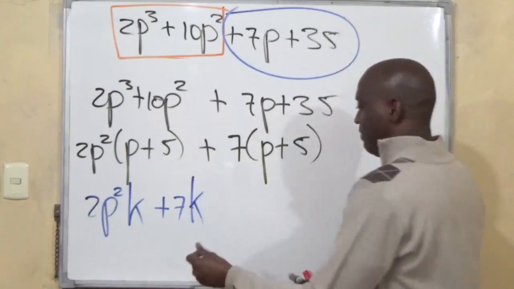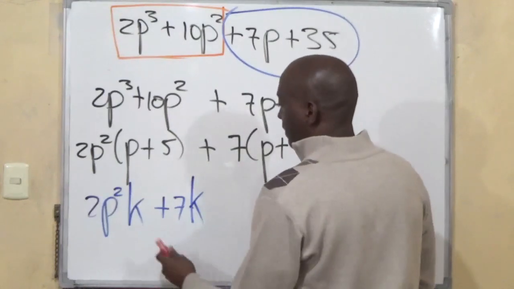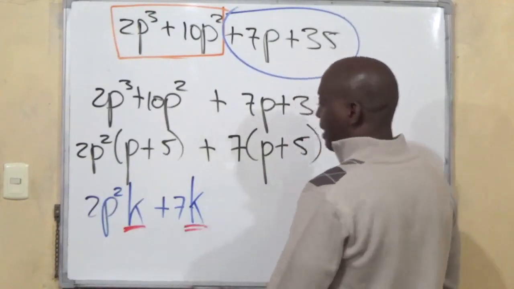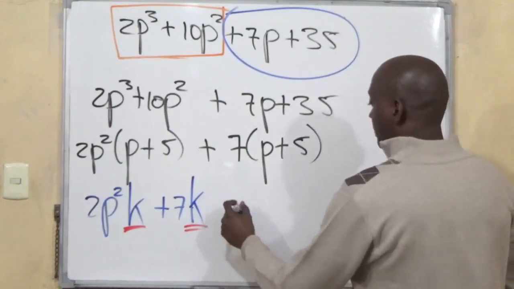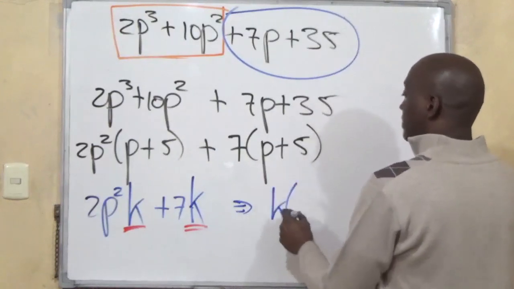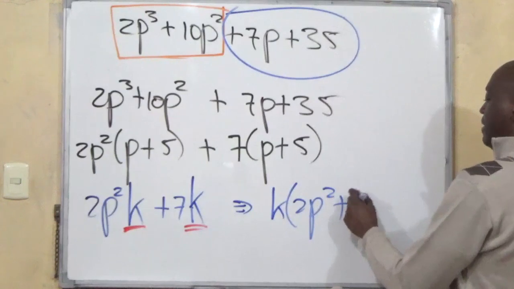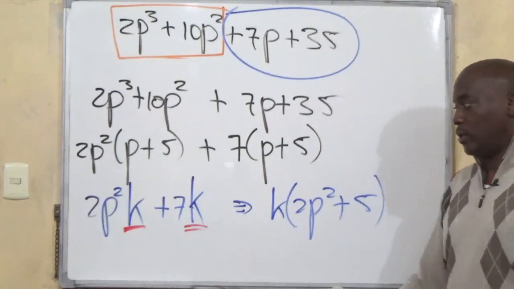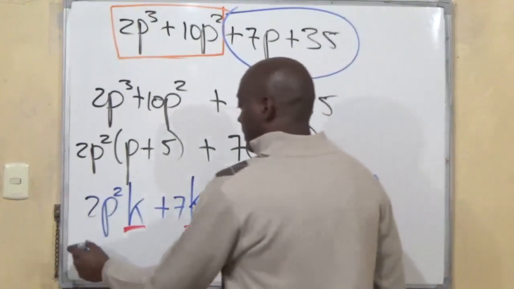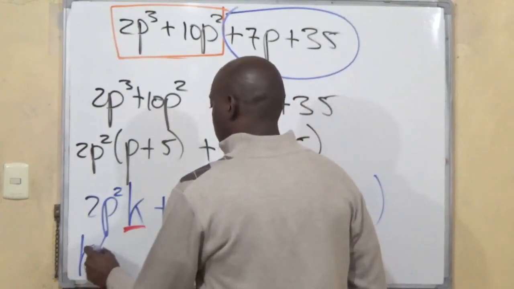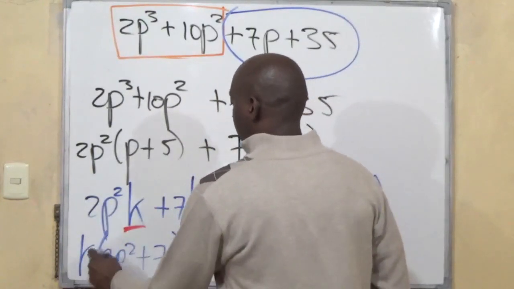So when you factorize that, you take the k out. Look the k here, and the k here. You take the k out, and what you end up with would be k into 2p squared plus 7. Let me write it down here just to make the point. k into 2p squared plus 7. Nice.